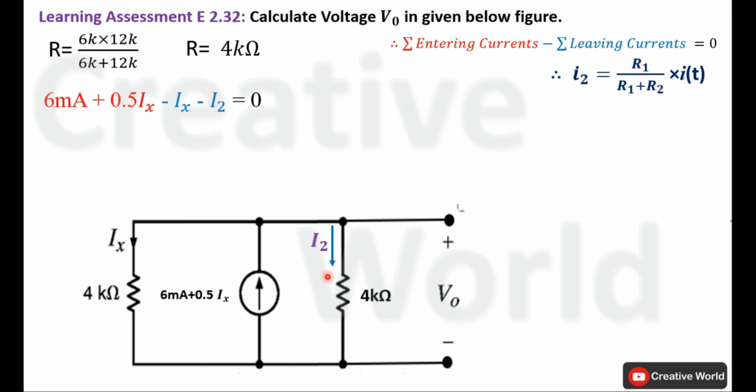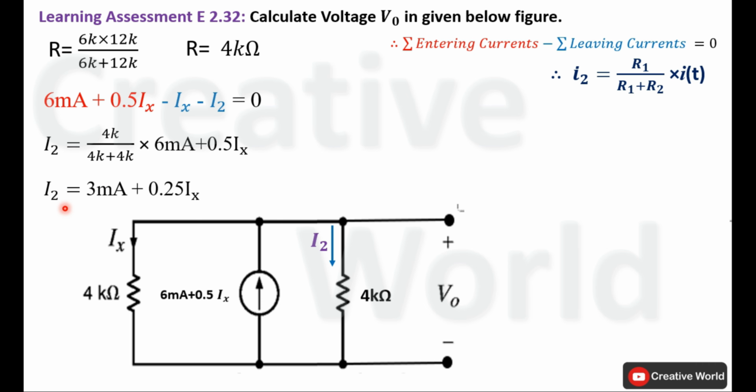I2 is this branch current, R1 is this 4 kilo ohm resistance, R2 is also 4 kilo ohm, and IT, that is the total supplied current, is 6 milliampere plus 0.5 Ix. Now place these values inside this equation to calculate the value of I2 and solve it. The value of I2 will be 3 milliampere plus 0.25 Ix.